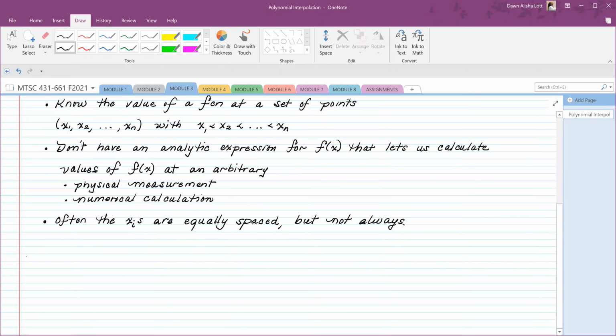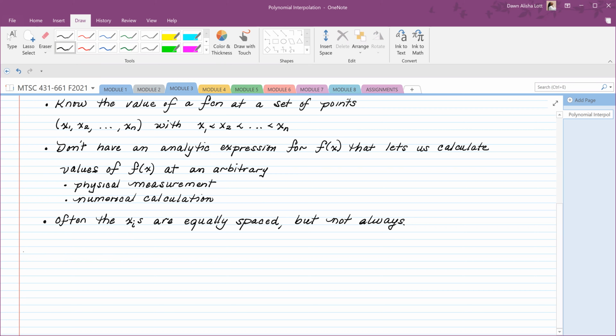Okay, so interpolation, all right, is the desired x. Oh, I'm sorry, I skipped something. I'm trying to figure out why my notes don't make any sense.